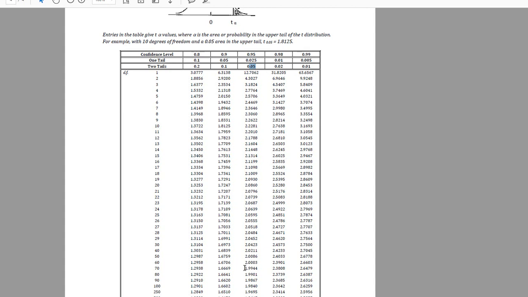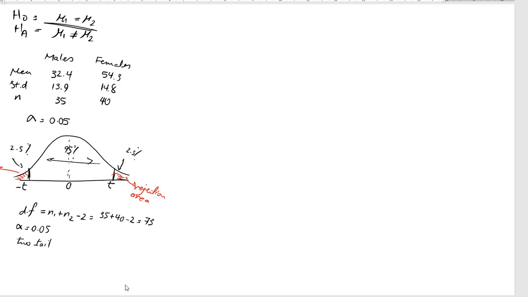So this is the value, 1.9944. So this information gives me t critical as plus minus 1.9944. So that is minus 1.9944 and that is equal to 1.9944. Okay.